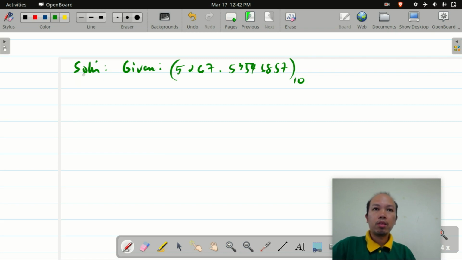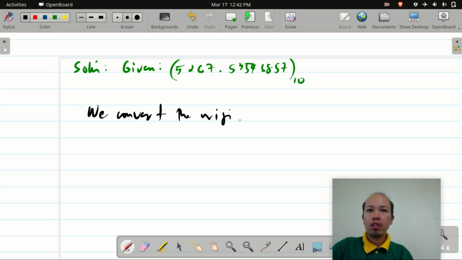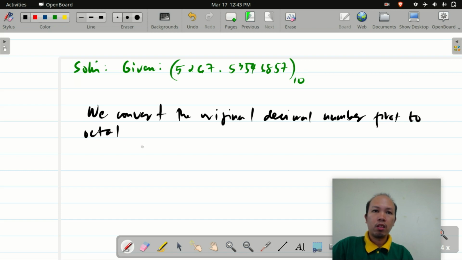So what we'll do here is convert the original decimal number first to octal, and then to binary.